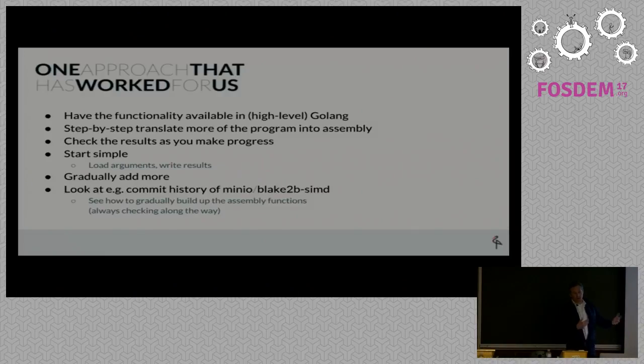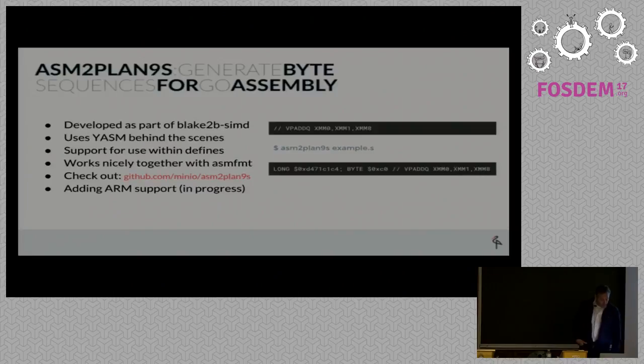And once you've got it working, you gradually translate more and more of your Go functionality into assembly, and along the way, make tests whether the assembly functionality is equivalent to the Go version. If you look, for instance, at the commit history of the BLAKE2B SIMD repository, you can see how we used this technique.